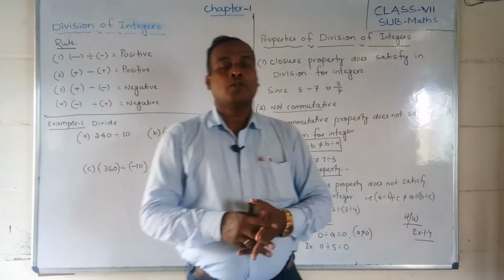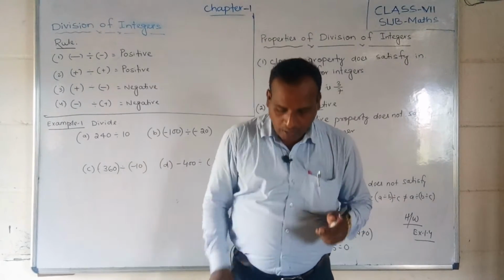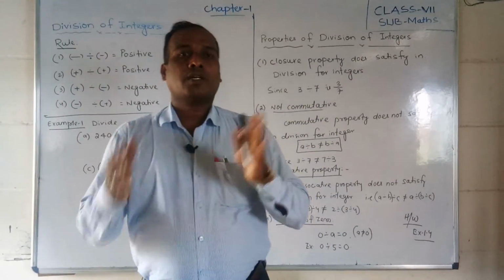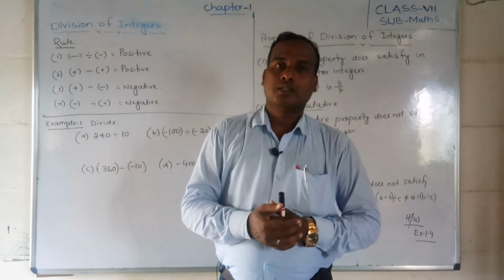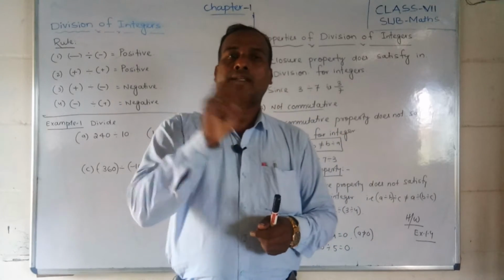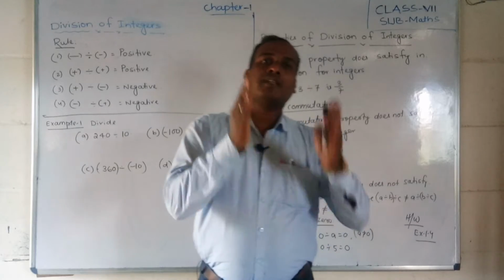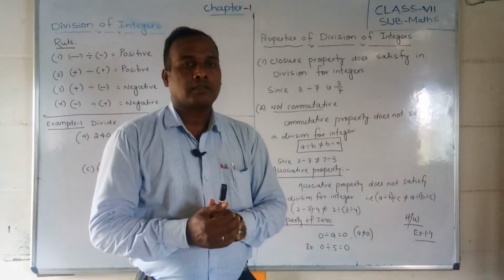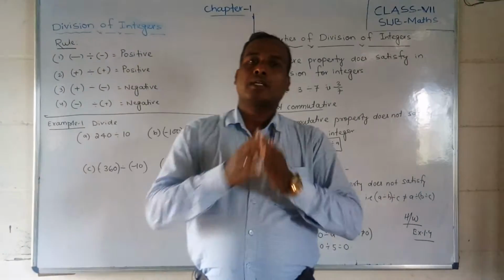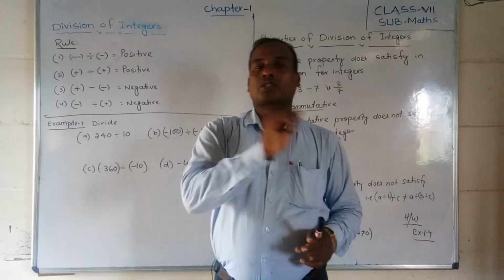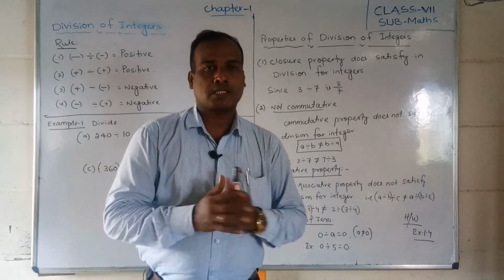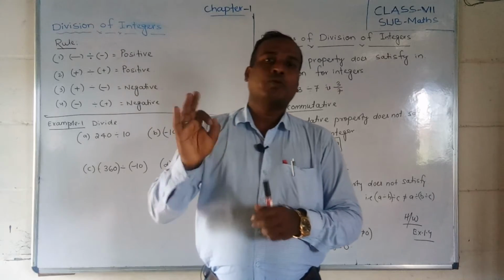In this video. So students, only one thing you have to remember while you are doing the division of integers: just remember the positive sign and the negative sign. If the two integers have the same sign, you generally ignore the sign and just do the division as whole numbers, and don't put any sign.